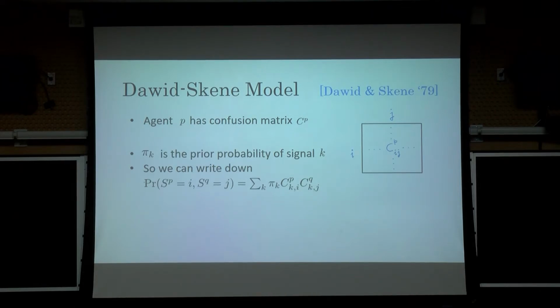And once we can write down the pairwise joint probabilities, we can compute the delta matrices, because this is just the difference between joint probabilities and the product of marginals.